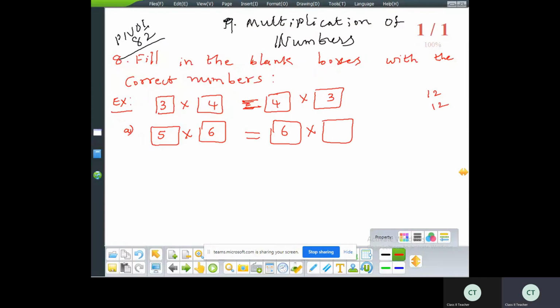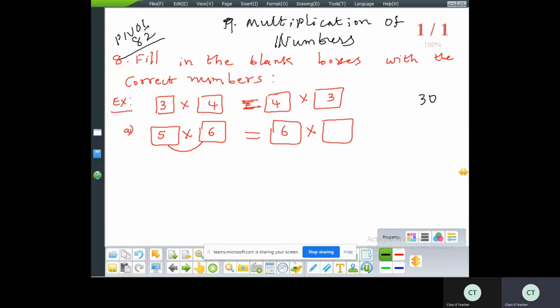We have to fill up this box with a correct number. First, we read 5 tables. 5 1s are 5. 5 2s are 10. 5 3s are 15. 5 4s are 20. 5 5s are 25. 5 6s are 30.